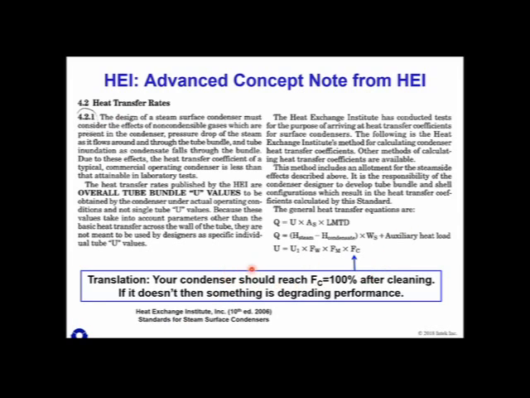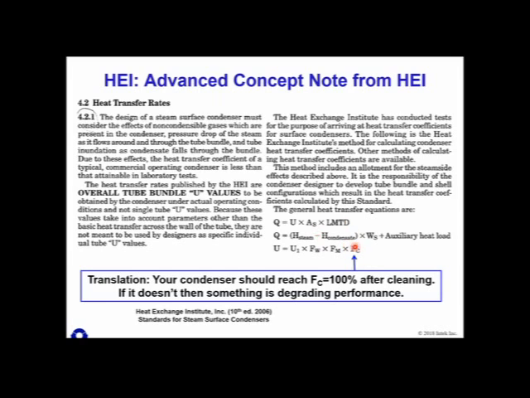So the first one that I want to handle is the cleanliness factor. Now, there's two different cleanliness factors. A cleanliness factor that comes out of your data historian is the continuously monitored performance percent of the condenser. This F sub C in this equation typically refers to the designer's margin for designing, for speccing your condenser.